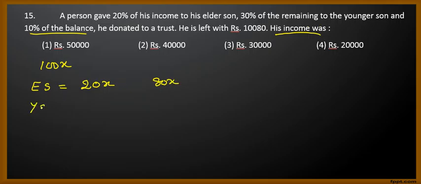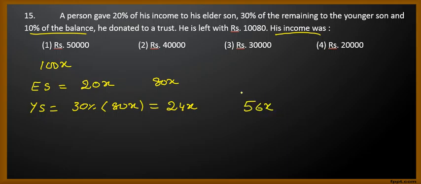Now 30% of the remaining was given to the younger son. 30% of the remaining 80x. So 30% of 80 is nothing but 24. So he has given 24x to the younger son and 20x to the elder son. So total how much is given so far? 44x. What will be the leftover? 56x.